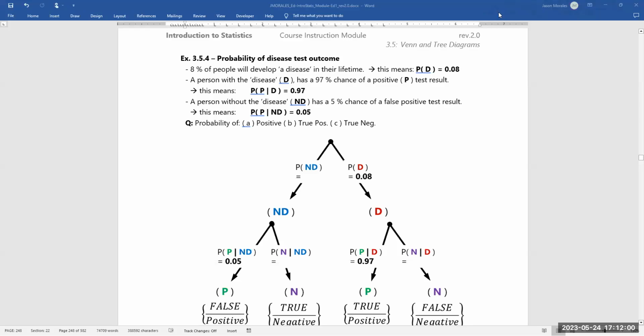In this example, we're going to look at a different way of using probability tree diagrams. We're going to be looking at events from two different sample spaces.